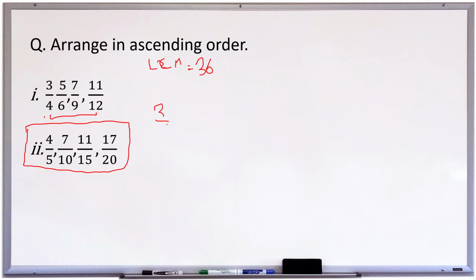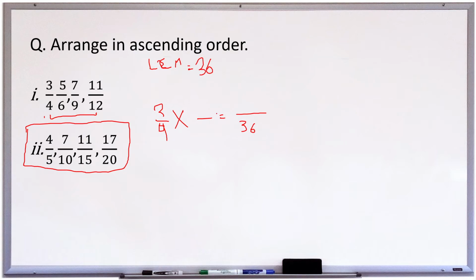You have to take the first number 3, that is 3 upon 4 into something upon 36. We know that this is the format of the equivalent method. Okay, the LCM method, we take the LCM first, then we use the equivalent method, right? And this is the same method that is used for addition of unlike fractions also.